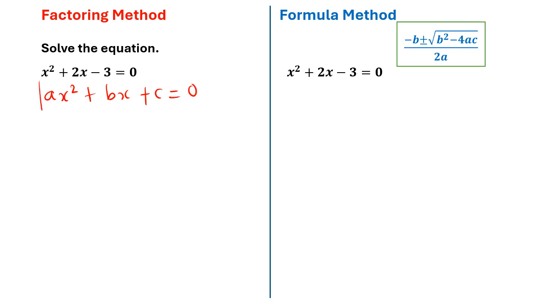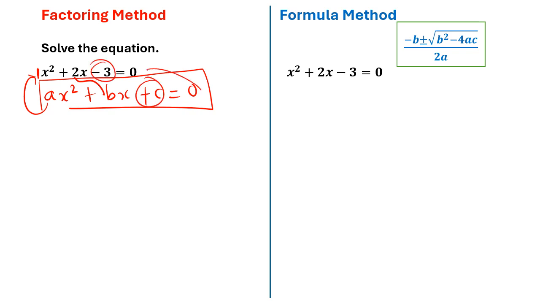For this example, we notice that we have the coefficient 1 here, which means a equals 1, and it exactly matches the standard form. So b represents 2, and c will be negative 3. And 0 is 0. That's how you interpret this, okay?